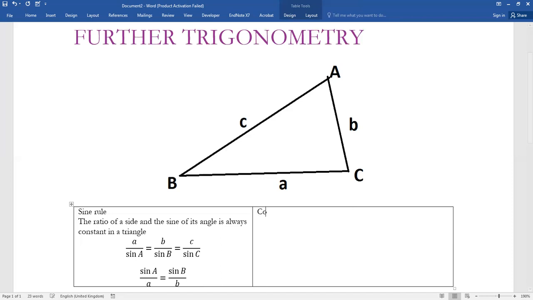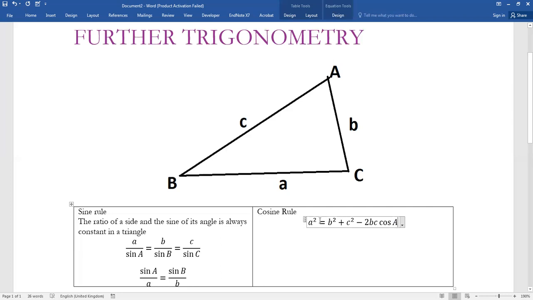Now cosine rule. Cosine rule is a squared is equal to b squared plus c squared minus 2bc cos A. Now I urge students to understand just this one. You can call it an extension to the Pythagoras theorem.